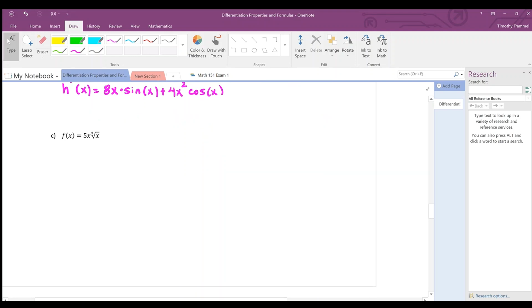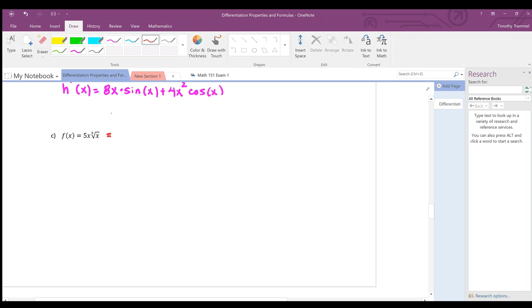All right, and we have one more here. And the whole point in this example is to emphasize the fact that you don't always have to use the product rule if there's a product. And yeah, sure, there are plenty of times where we have to use it, but in part C here, this is not one of them. And here's why.